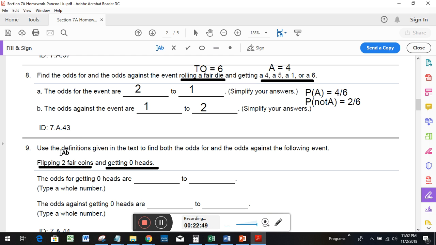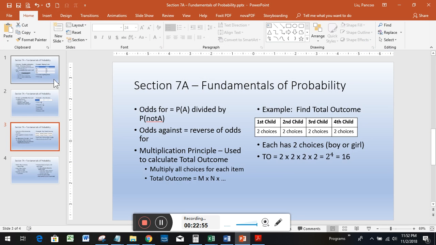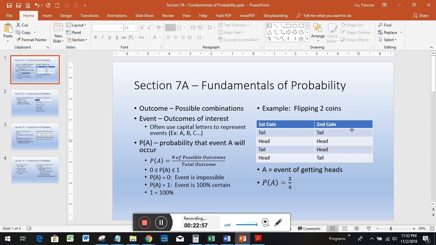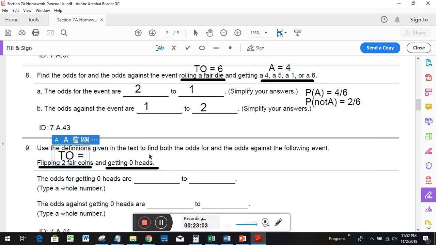So, for total outcome for 2 fair coins, we have 1, 2, 3, 4 total outcomes, or 2 times 2 since you have 2 choices for each coin. Getting heads, so we need to figure out what combinations will give me 0 heads. That is the event that we are interested in.